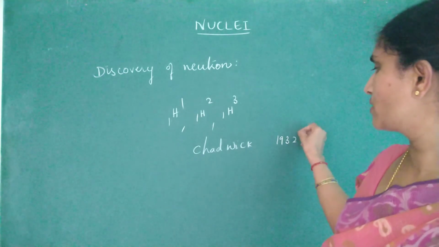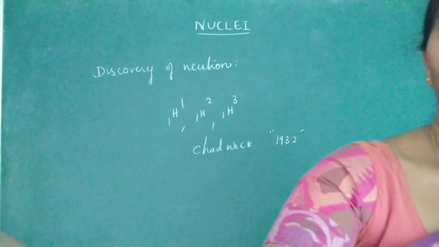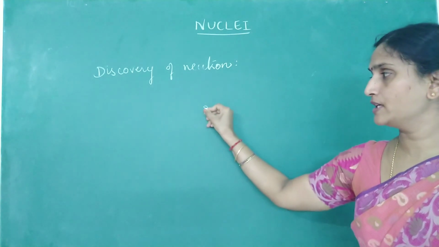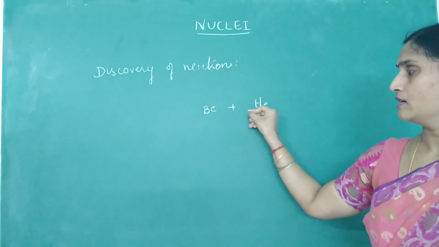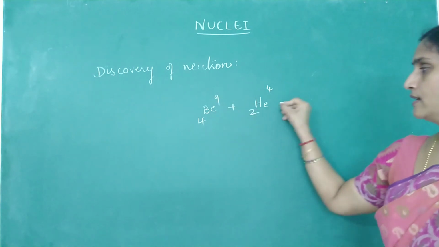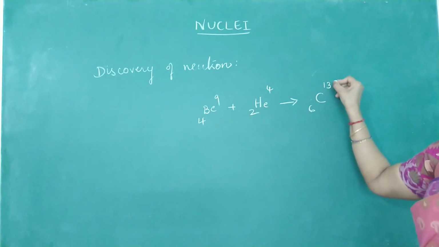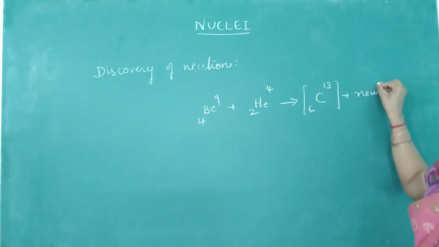Even discovery of neutron is based on some scattering experiment. It was found that when beryllium is bombarded with helium, helium 2He4, beryllium 4Be9, it resulted in the formation of an isotope of carbon, along with some neutral radiations.